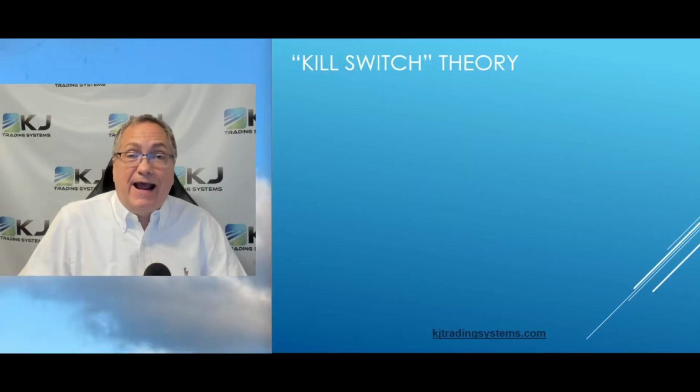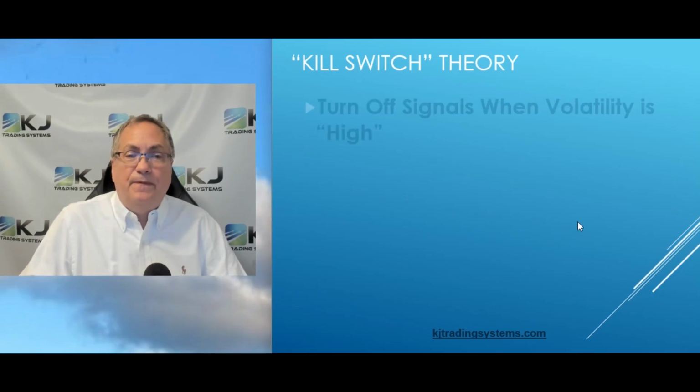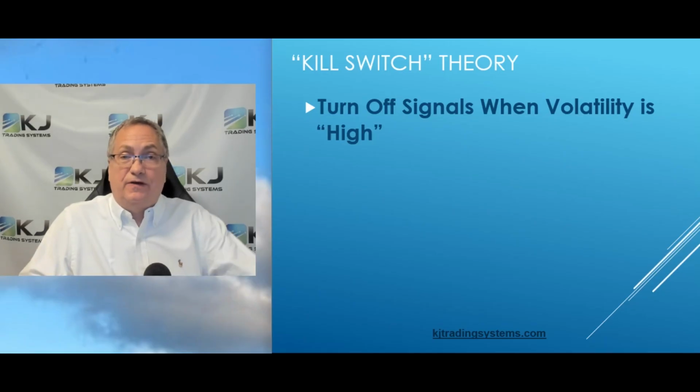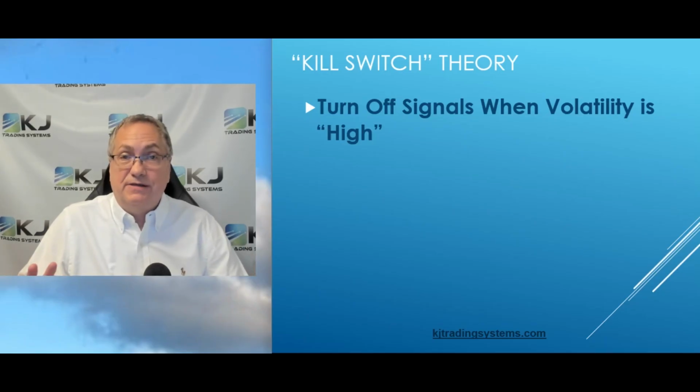Okay, so today I'm going to talk to you about a kill switch. And what is it? Well, think of it this way. If volatility is really high, there's a lot of uncertainty in the market. Sometimes it's better just to go to the sidelines and just not trade, okay?